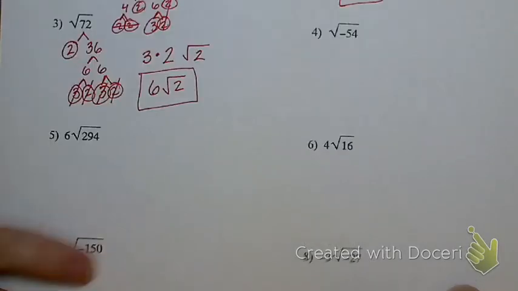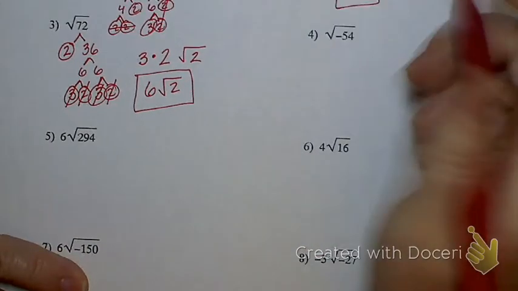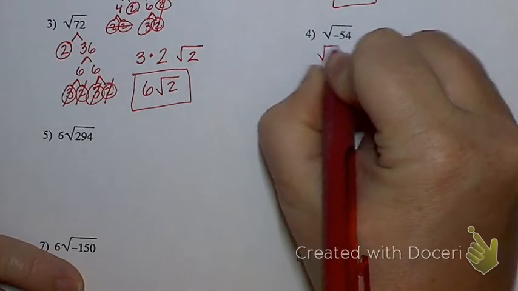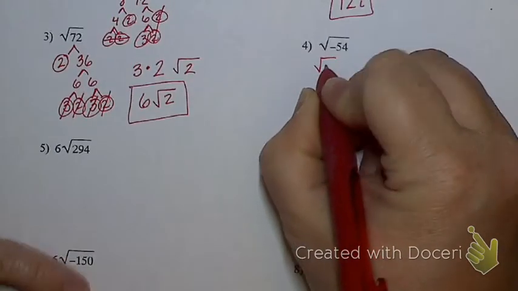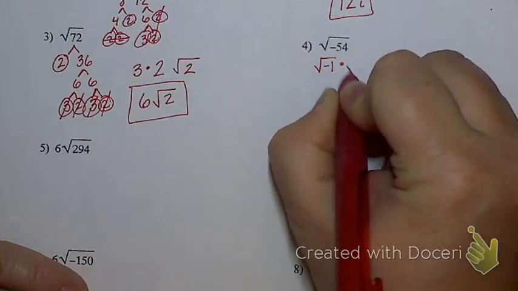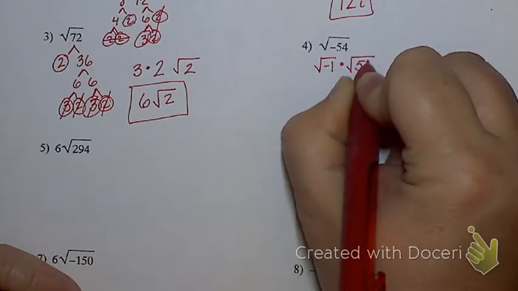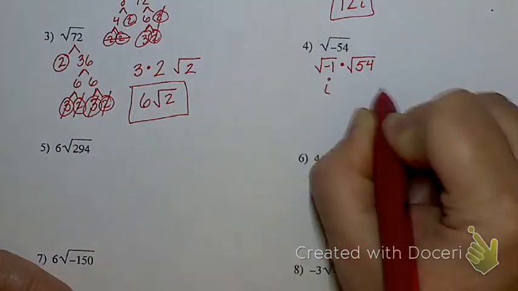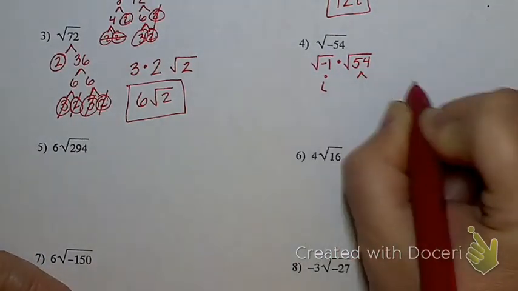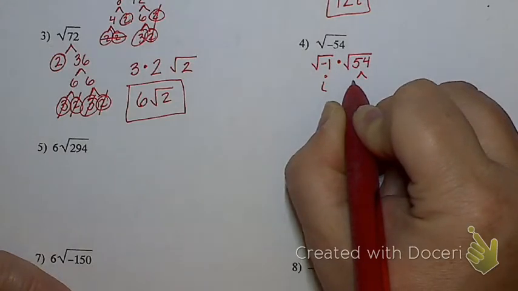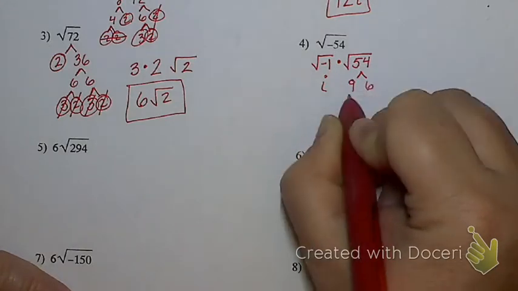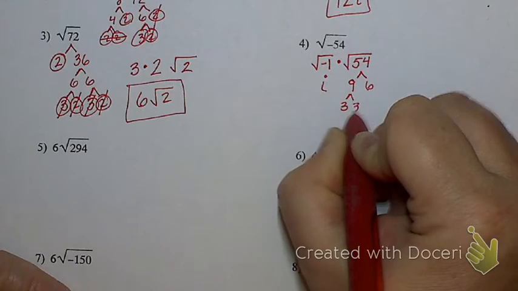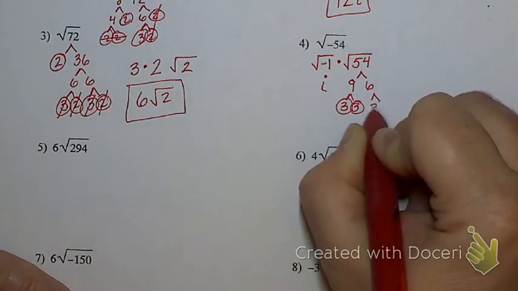All right, talk me through this. Negative 54. That means I have the square root of what? Negative 1 times the square root of positive 54. The square root of negative 1 becomes i. 54, I can draw a tree for. It's 9 and 6. 3 and 3. 3 and 2.